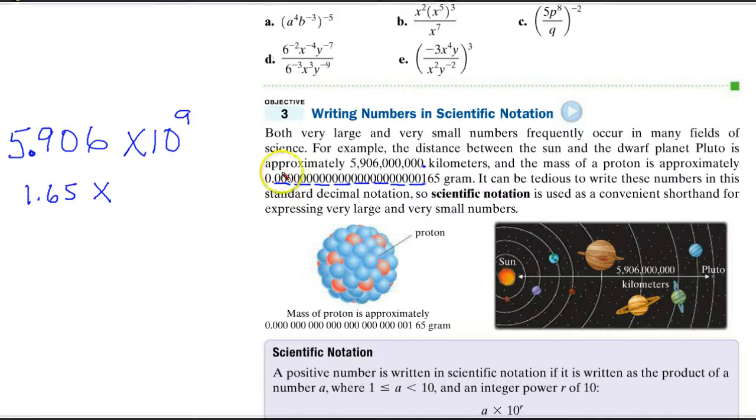Now, when I move the decimal point to the right, it becomes negative powers of 10. So let me just say 1, 2, 3, 4, 5, 6, 7, 8. 8 times 3 is 24. So this big number in scientific notation is this.